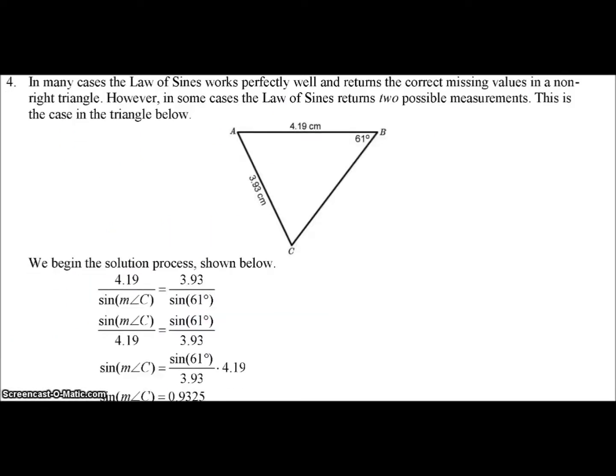In many cases, the law of sines works perfectly well and returns the correct missing values in a non-right triangle. However, in some cases, the law of sines returns two possible measurements. This is the case in the triangle below.